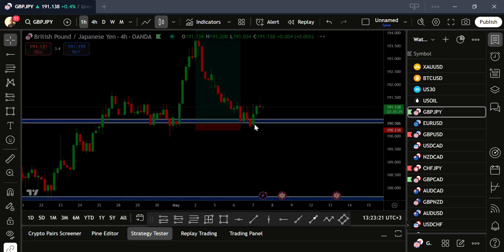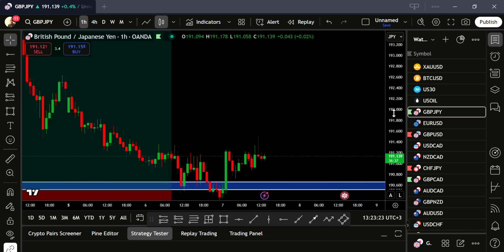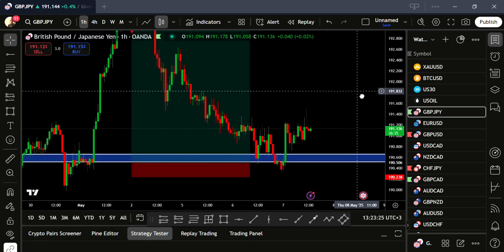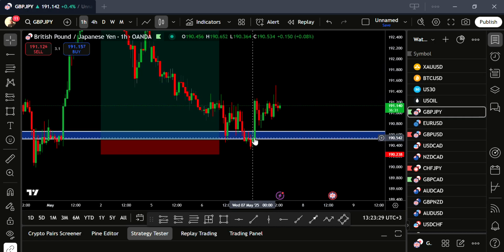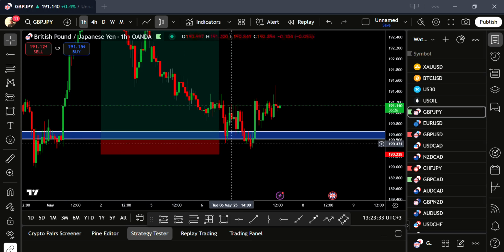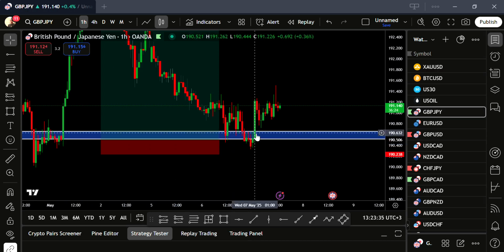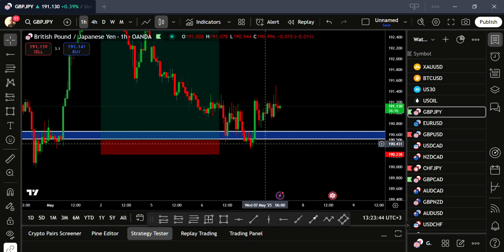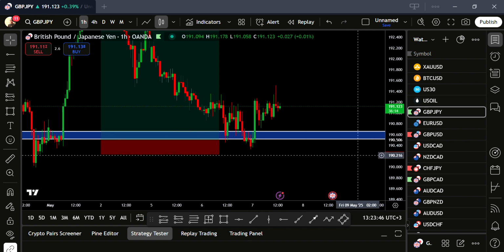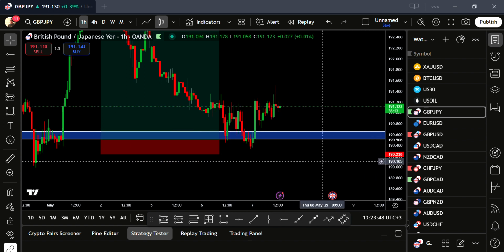So if you come to the 1 hour, what do you see? There is a supply zone down here. There is another one here that was used by this, and there is another one that was created here. How do we define the demand zone? For me, my definition of a demand zone is the last candle before a strong move or an impulse.